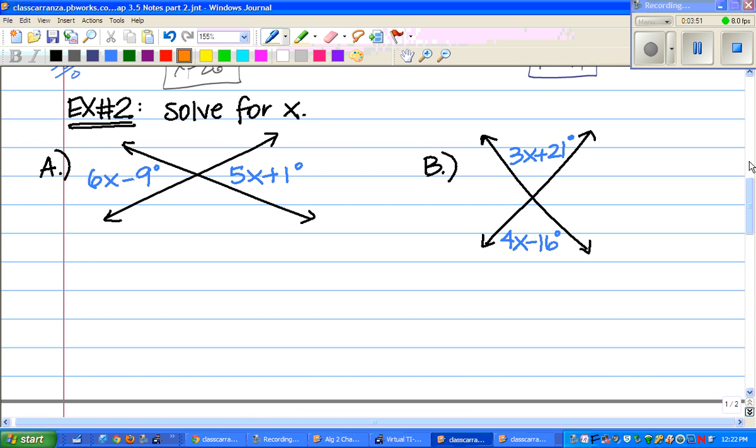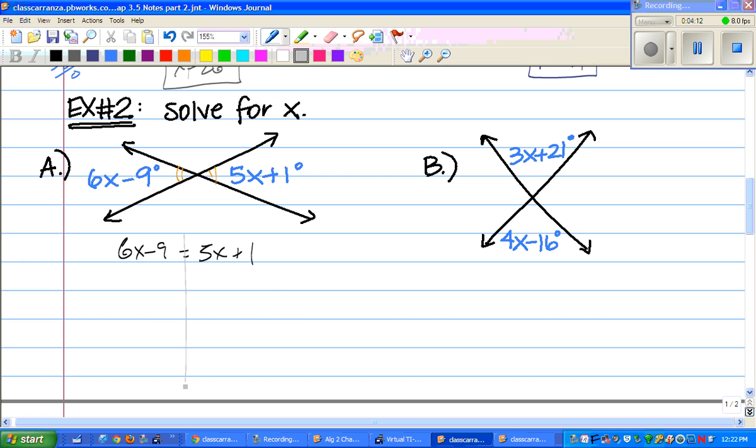All right, example number 2. Solve for x. Now these are vertical angles, and we know that vertical angles are congruent, which means that they are the same. So 6x minus 9 equals 5x plus 1.